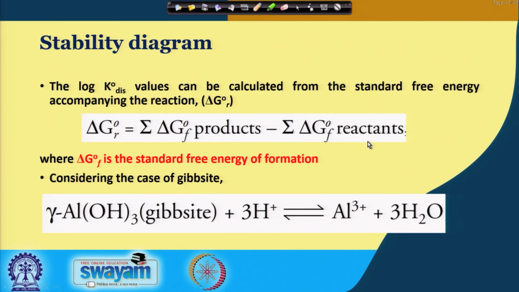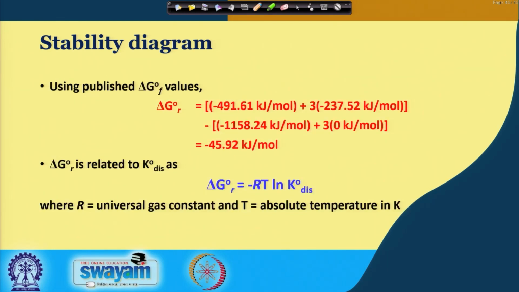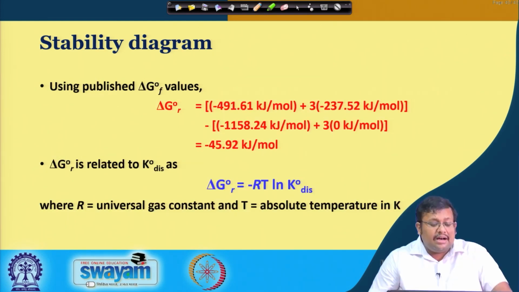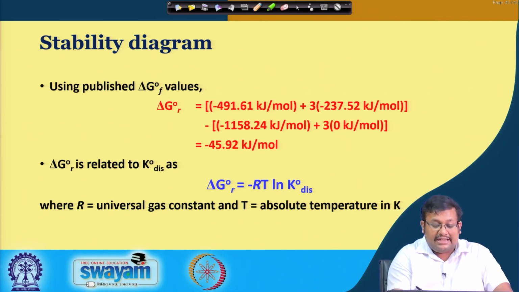If we consider this particular case of dissolution of gibbsite to form aluminum as well as water, we can use the published values of the free energy of formation, which is minus 45.92, with this formula of free energy of the products and free energy of the reactants.